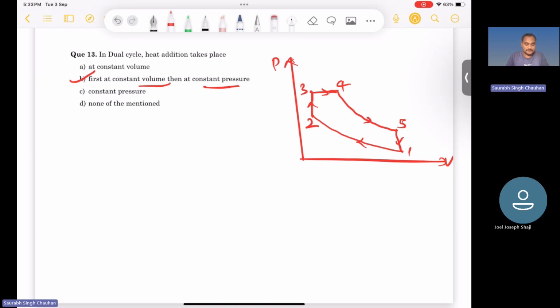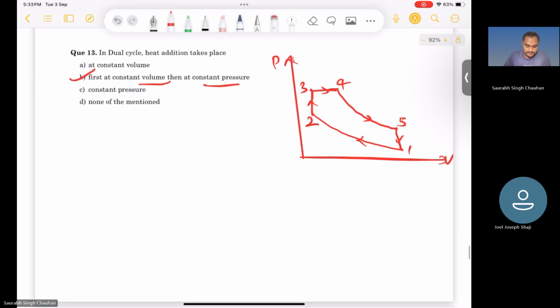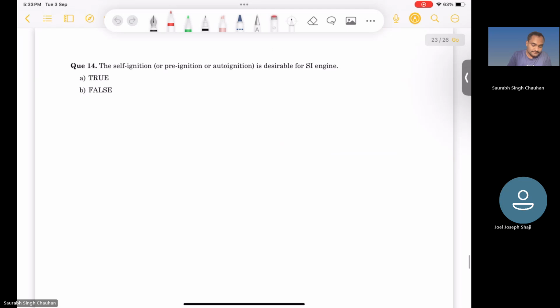We move to question number 14. Self ignition or pre-ignition or auto ignition is desirable for SI engine. So what is self ignition or pre-ignition or auto ignition?